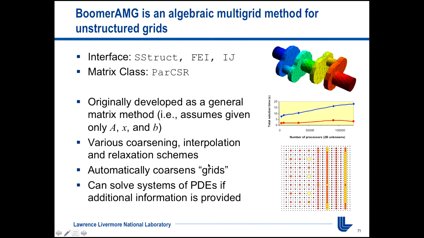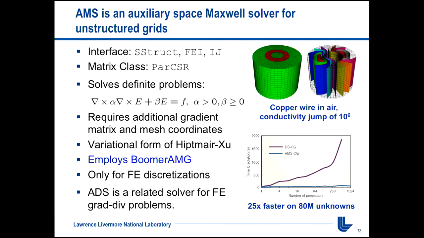Here's the algebraic multigrid method I mentioned. It's called BoomerAMG. You can get access to this through 3 different interfaces. And this is, like I said, really the workhorse in HYPRE. A lot of people use it for lots of different applications. We also have a solver called AMS for Maxwell equations, in particular definite Maxwell's equations of this form, where you have curl plus a positive term here.